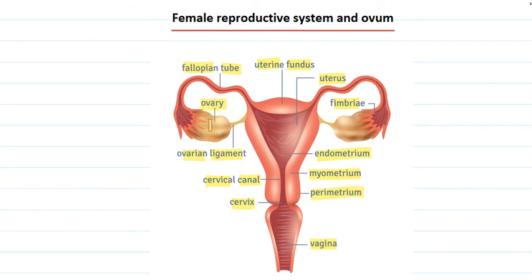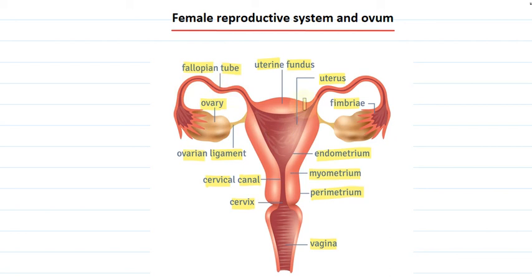There are two ovaries, right and left, and every month a single mature egg is released from only one of the two ovaries. Then there is the fallopian tube, also known as the oviduct. The tube structure present between the ovaries and the uterus is called the fallopian tube or oviduct. The ovum released by the ovaries is carried by the fallopian tube to the uterus.